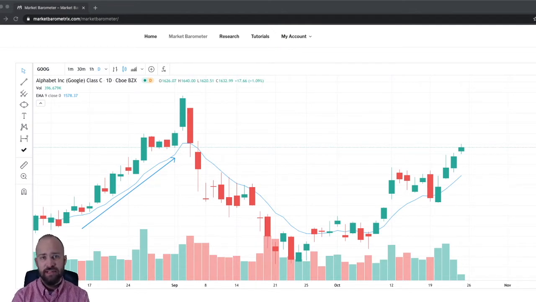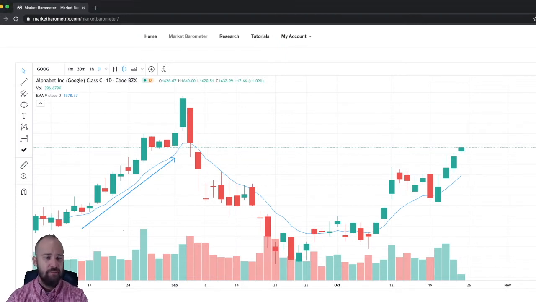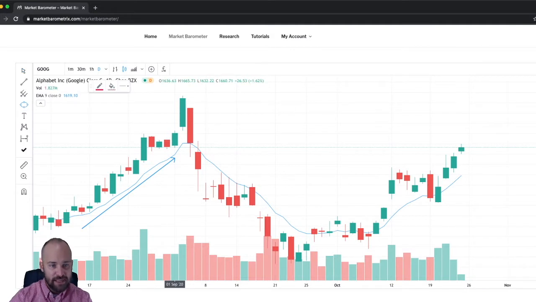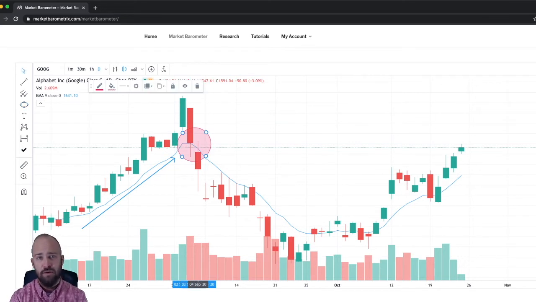Now that generally happens whenever price crosses over a moving average line. Right now we're still looking at the 9-day moving average, and we were in an uptrend in August. But then in early September, price crossed below the 9-day, right about here. So price crossing below a moving average line might be interpreted as a sell signal.